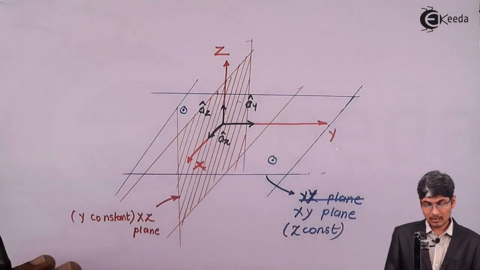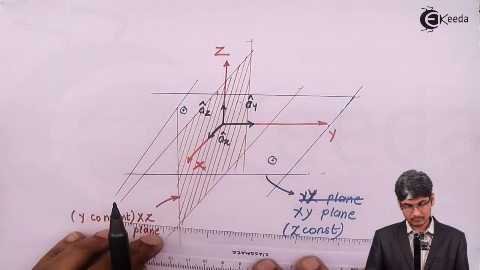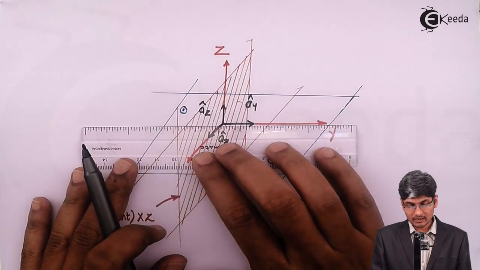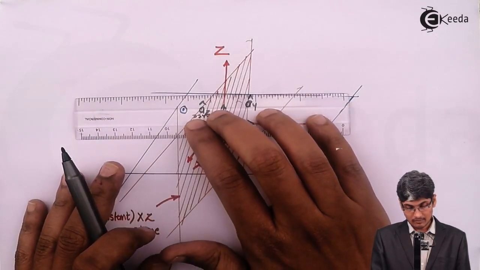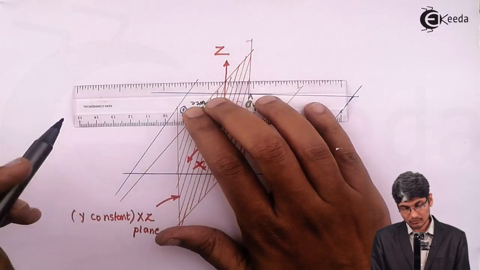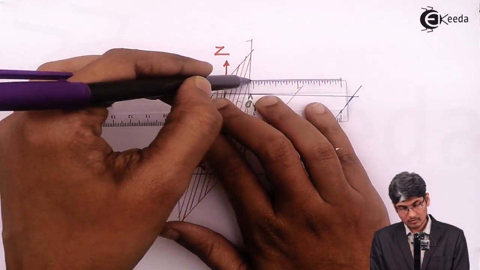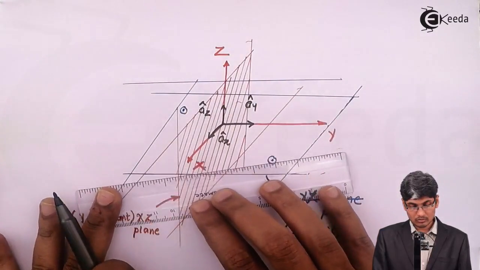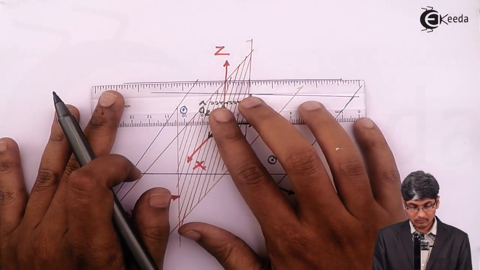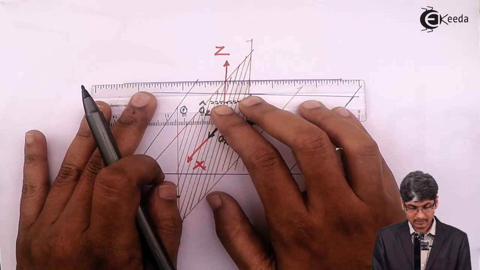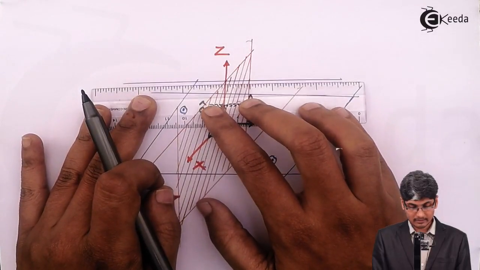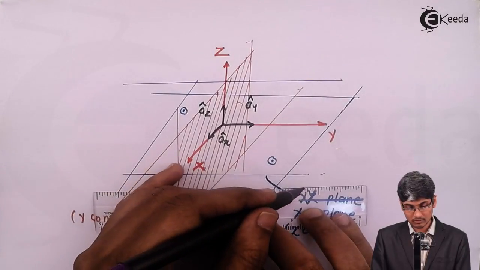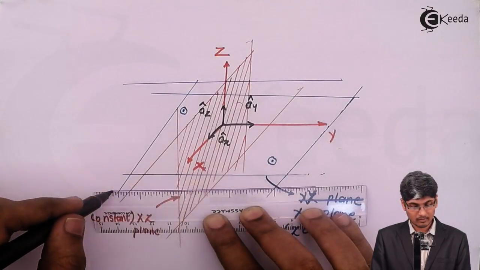To draw the YZ plane, I will take the axis as Y, go up, and then go down the same way, keeping this as my axis reference, and draw another quite visible plane.